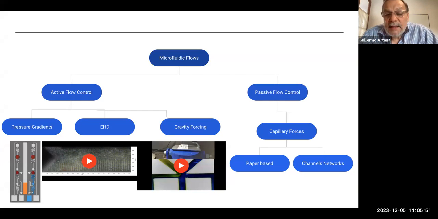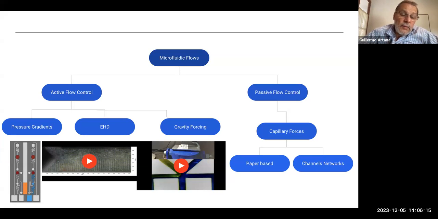One is active flow control and the other is passive flow control. The difference is that in active flow control, you incorporate energy to the system. On the other hand, in passive flow control, you don't need to incorporate any kind of energy.